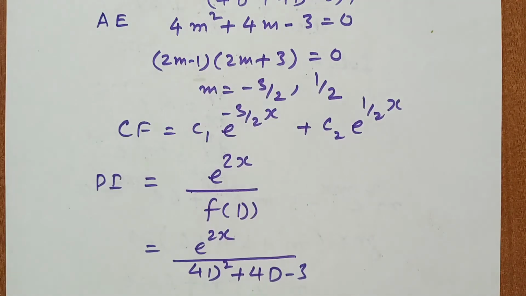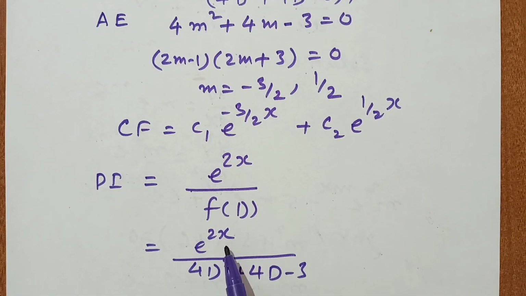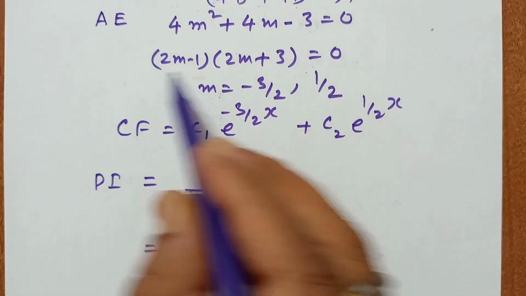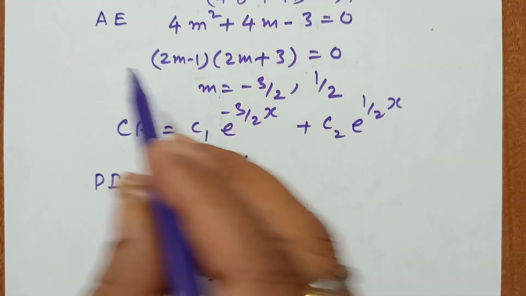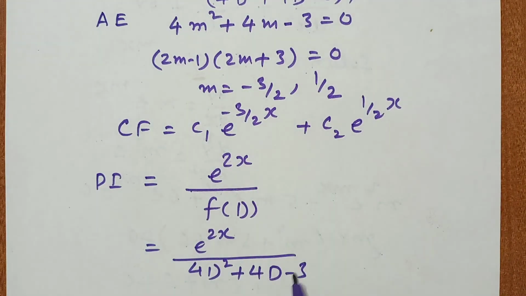So first you see what a is. So a is 2. Since 2 is not a root of this auxiliary equation, therefore this formula can be used.